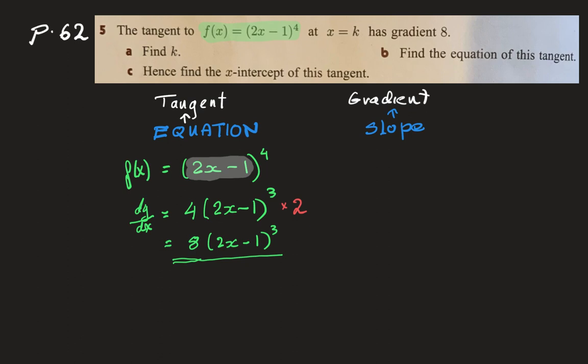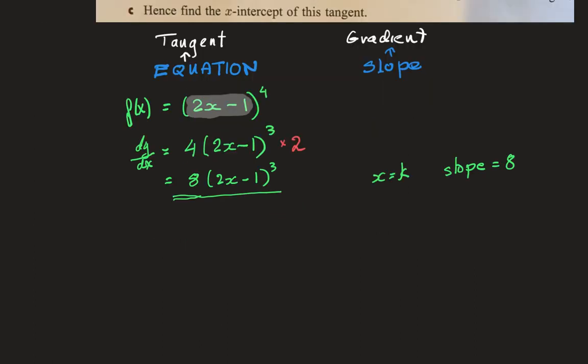The gradient is 8 when x is equal to k. The gradient or the slope is equal to 8. So what we do is we substitute k for x. So we will have 8(2k minus 1) to the power of 3, and that is the slope is 8.